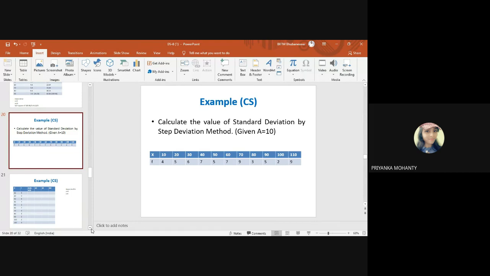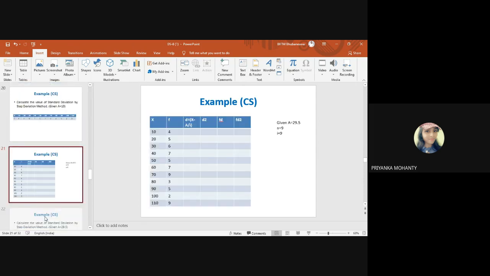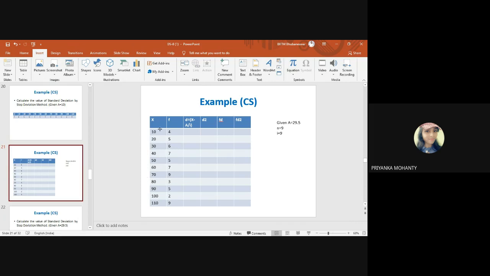First column belongs to your x variable, second column to frequency. Calculate the deviation, that is x minus a divided by i. Then proceed to d square, and make another column, fd. Here I made this particular table with x variables from 10 to 110 and their respective frequencies. And here, your n equals how much?